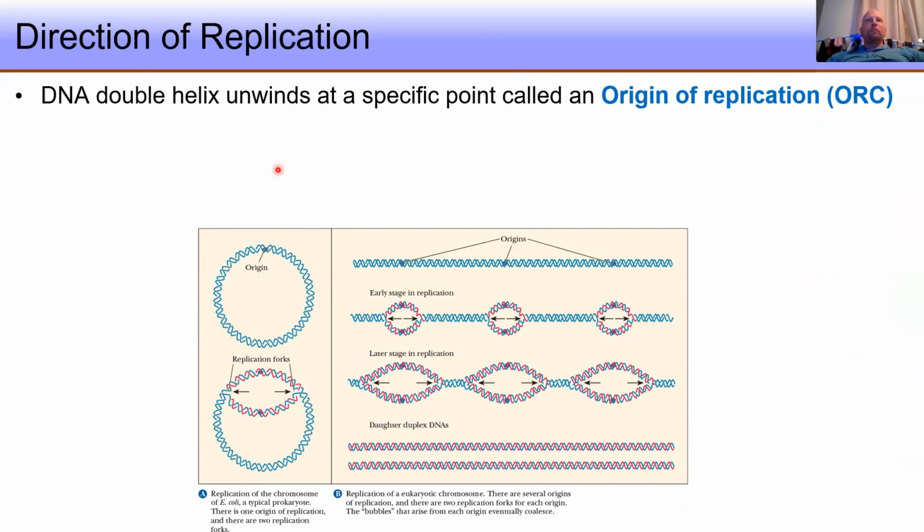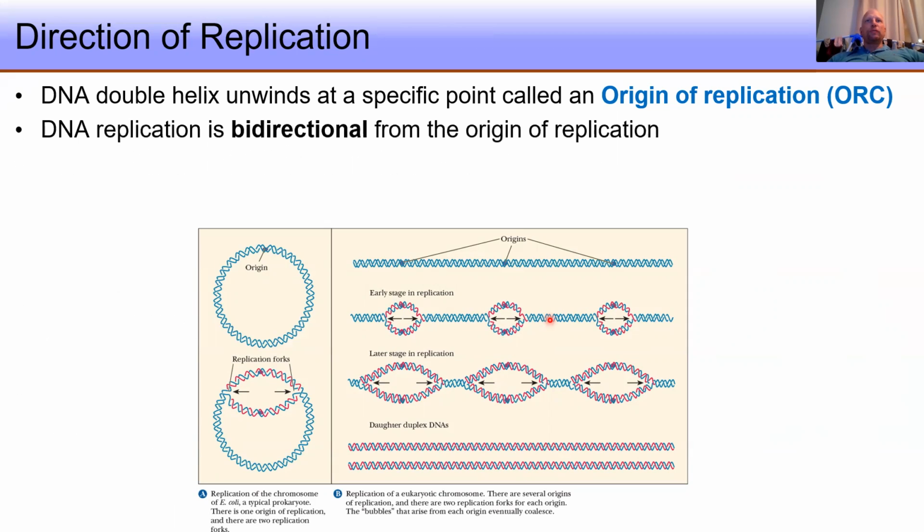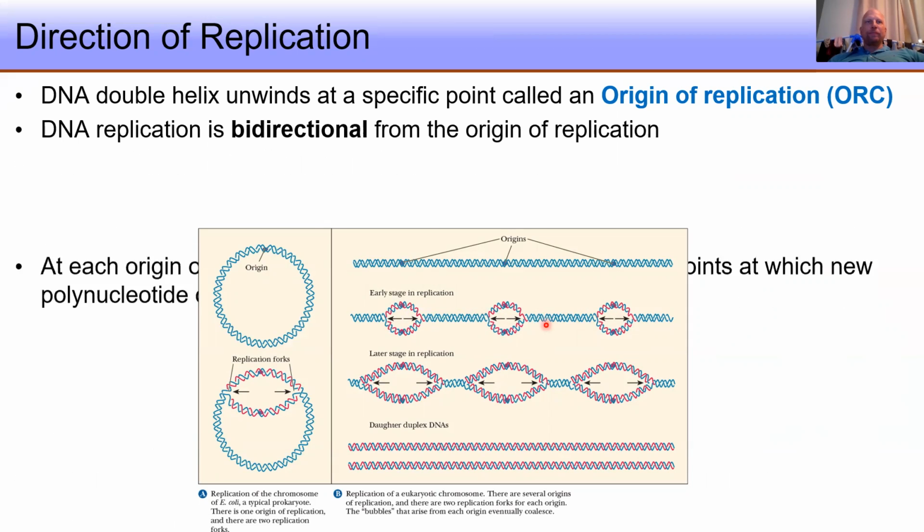So the DNA unwinds at a specific point. We call it the origin of replication. And in higher organisms, we have multiple origins of replication where you're getting bidirectional replication. So the replication is moving in opposite directions in each one of these origins of replication.